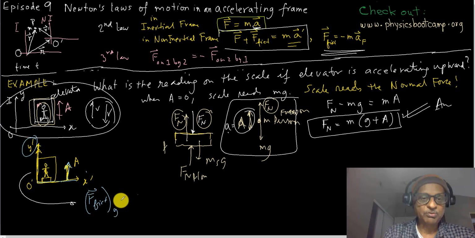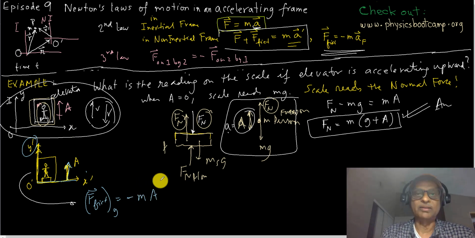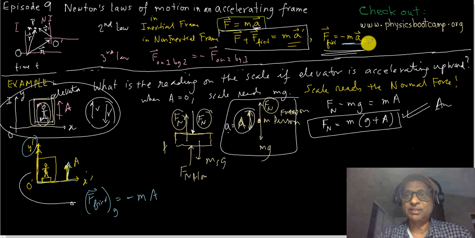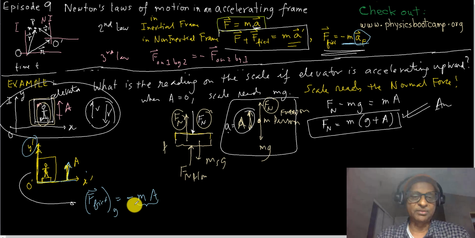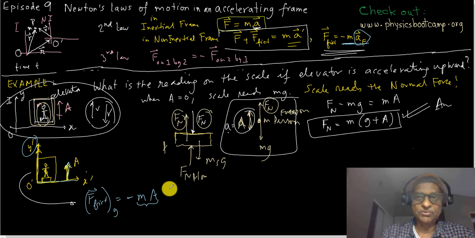The y component of force along positive y will be negative ma, because it is minus m times the acceleration of the frame. The acceleration of the frame is pointed upward, so there's a negative in front of it. That's the fictitious force.